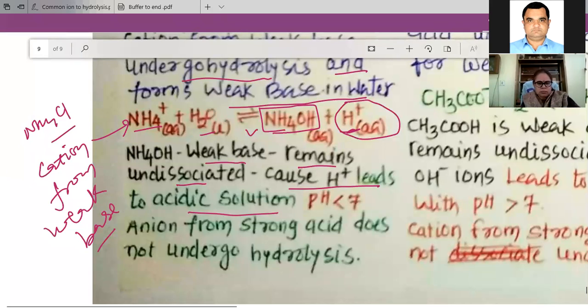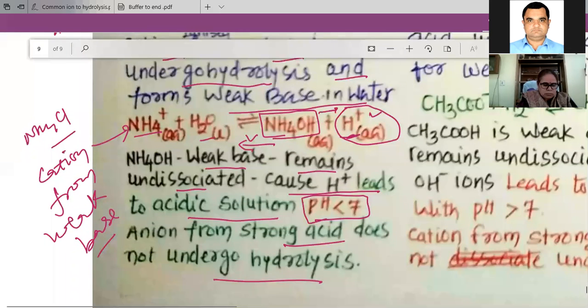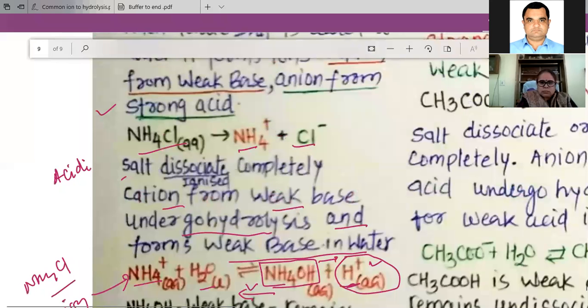As NH4OH does not give the reverse reaction because it is a weak base and remains in the solution, it does not affect the concentration of H plus, and that is why H plus remains in the solution, which leads to the pH less than 7, and it makes the solution acidic in nature. So this anion from strong acid does not undergo hydrolysis. You can see that this Cl minus does not, only NH4 plus undergoes the hydrolysis.